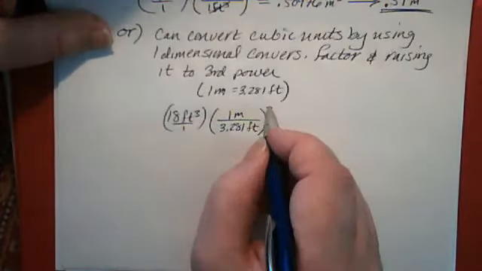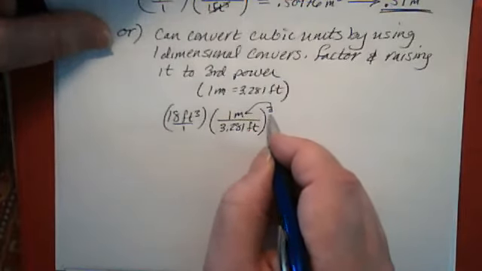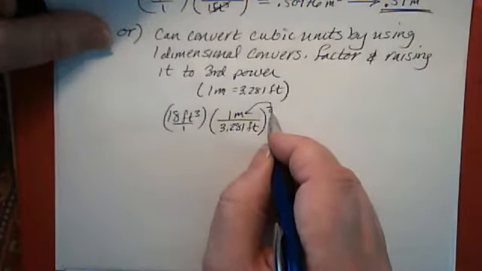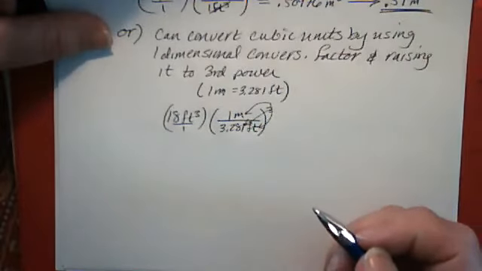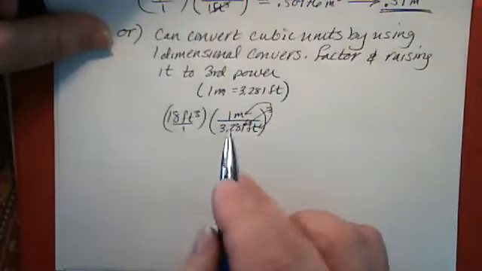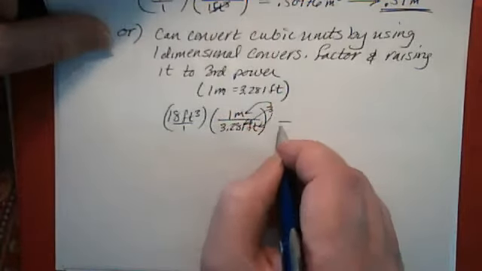The only thing you have to remember is that cubing applies to the units, but also it applies to the number. So when you come back through and do the math, you have to be sure that you cube that number when you divide by it.